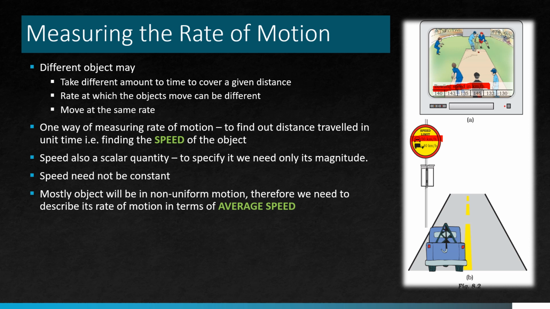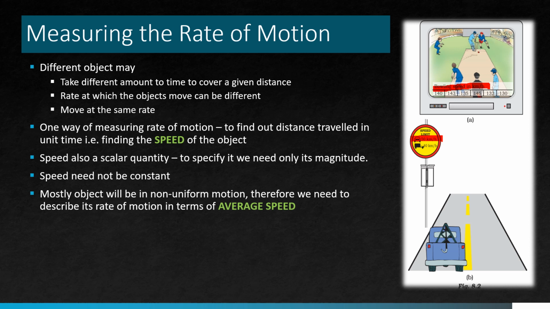Now I want you to go back to this particular image here. As we all know, there are 6 balls in an over, and all the 6 balls bowled by the bowler are of different speed. It is very unlikely that the bowler bowls 2 or 3 balls with the same speed, right? So a single bowler can bowl all the 6 balls at varying speeds. So how do you find the average?